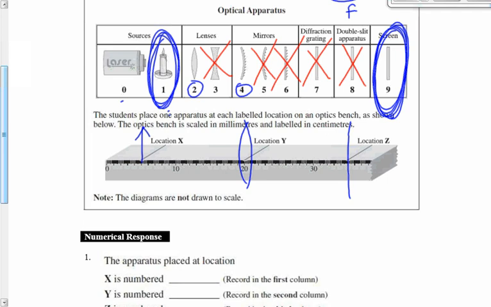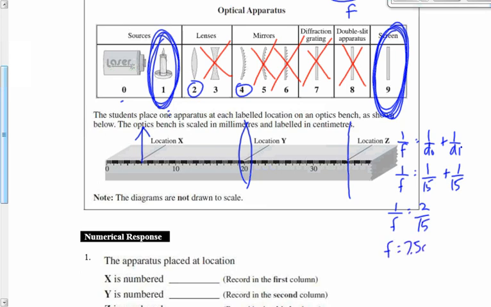Turns out they don't. 1 over f is equal to 1 over d_o plus 1 over d_i. The object distance in this case is 15. It goes from 5 to 20, so the object distance is 15. The image distance is from 20 to 35, so it's also 15. 1 over f becomes 2 over 15, or f becomes equal to 7.5 centimeters.